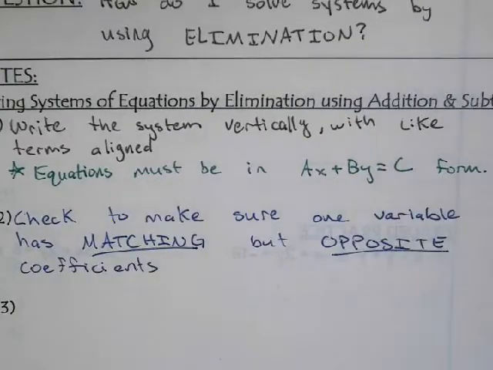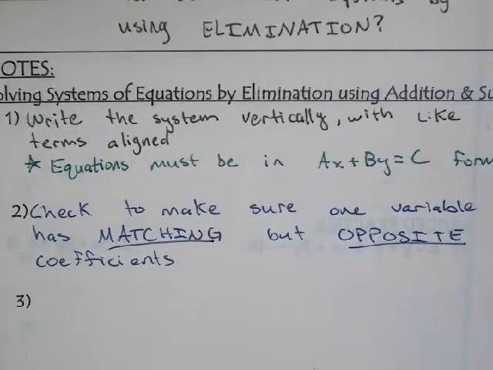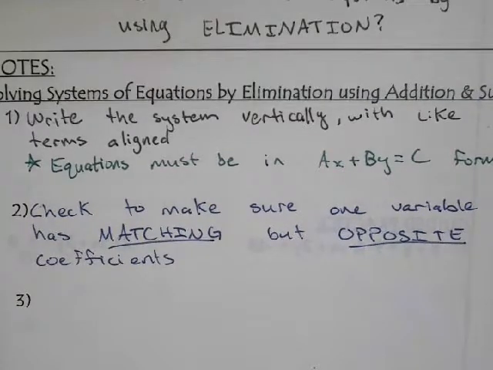Matching but opposite means the same number but opposite signs. So 4 and -4, or -3/4 and +3/4. You want matching absolute values, but opposite in sign.